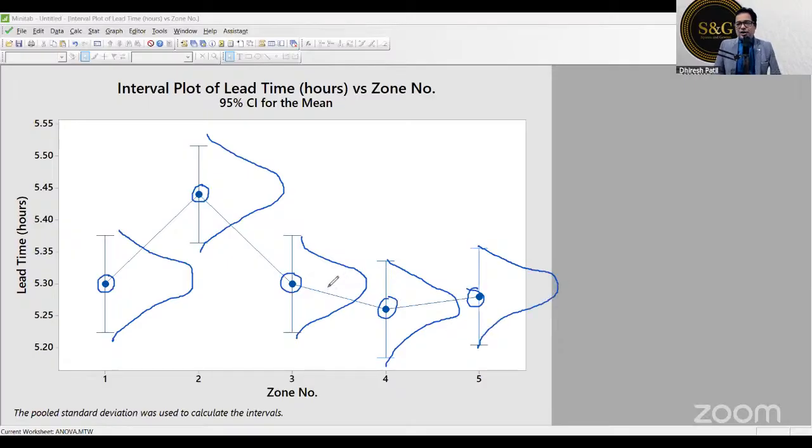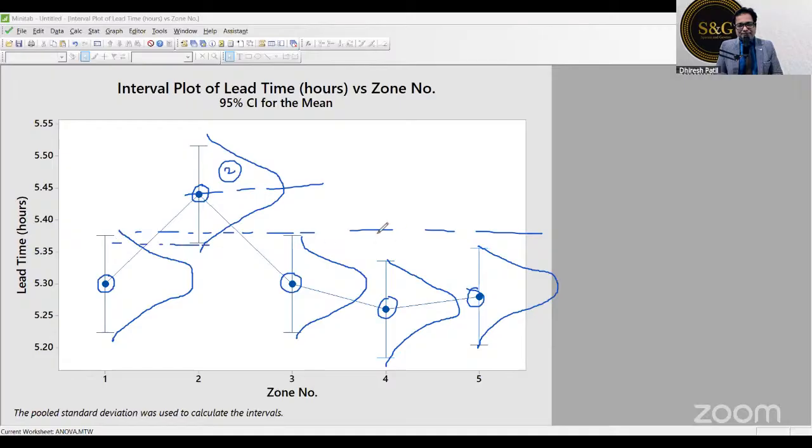Similar kind of data distributions we can draw. Now you can see here this number 2, right? This number 2 distribution is a little in the danger zone, isn't it? The overlapping area seems to be very marginal.